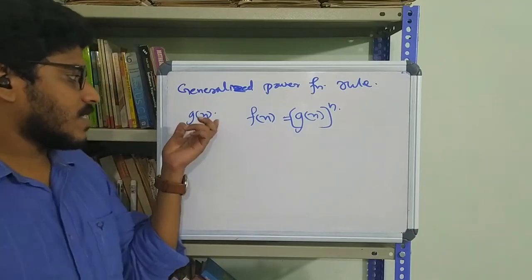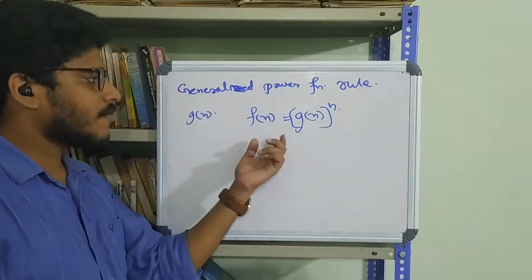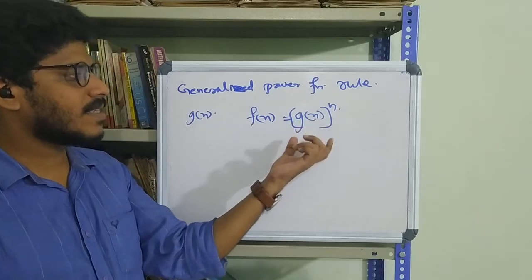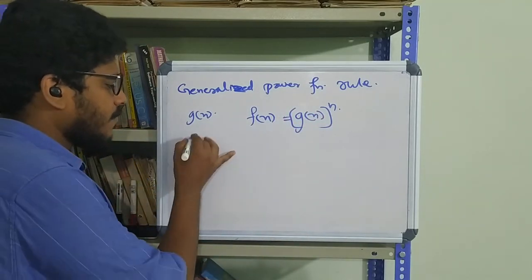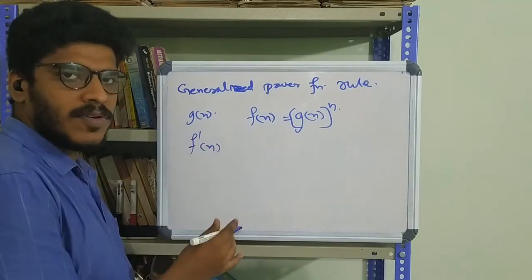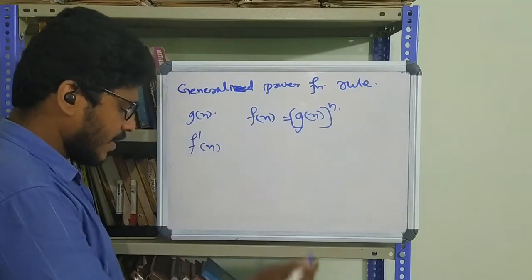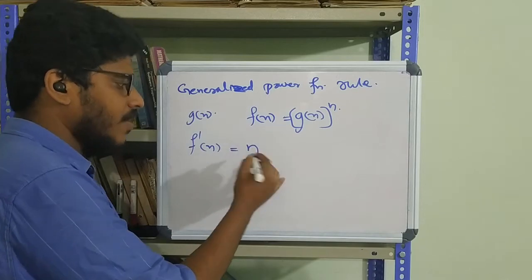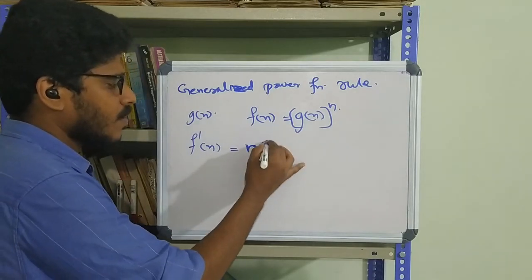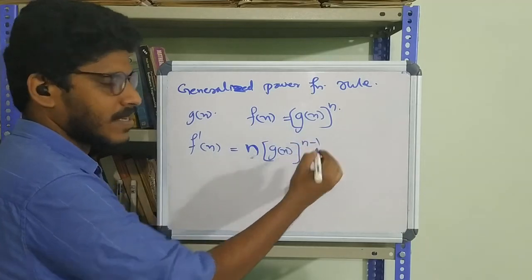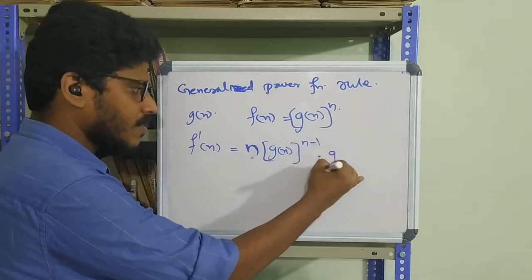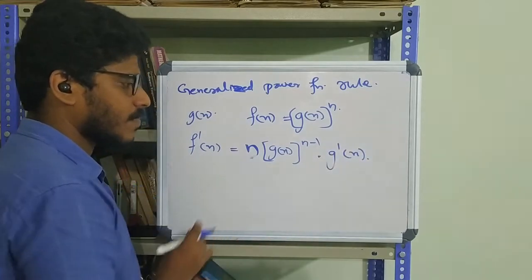So g of x is a differentiable function, and f of x is another function defined as the nth power of g of x. Then f dash of x, or d by dx of f of x, is defined as n into g of x raised to n minus 1 into g dash of x.